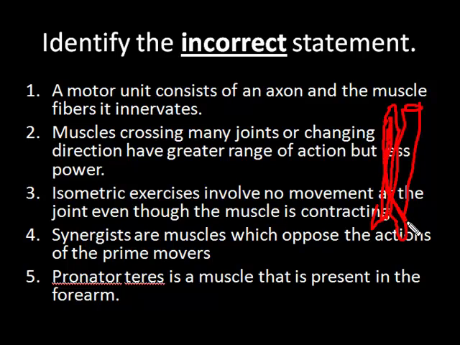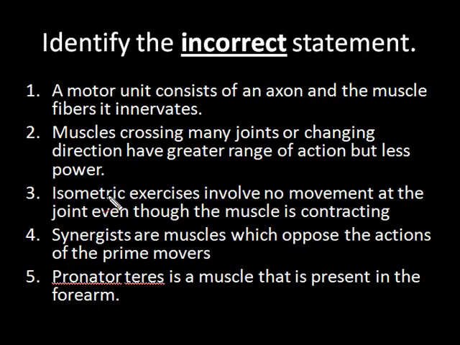It crosses the wrist posteriorly and then goes to the thumb. Now, as it does that, it will cause extension at the wrist joint, but because it's changing its direction, it's also capable of causing abduction of the thumb. And so hence you can see, because of the change in direction, another range of motion is added to it, but it becomes less powerful. So therefore, this statement is also true.